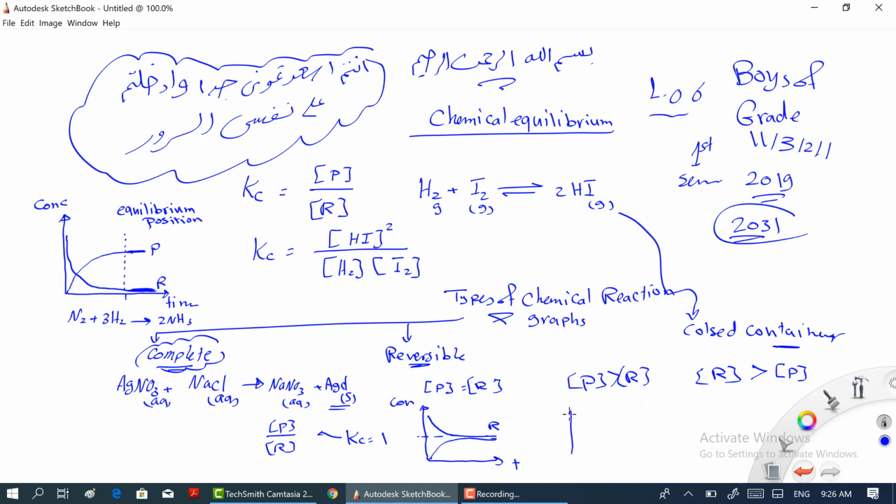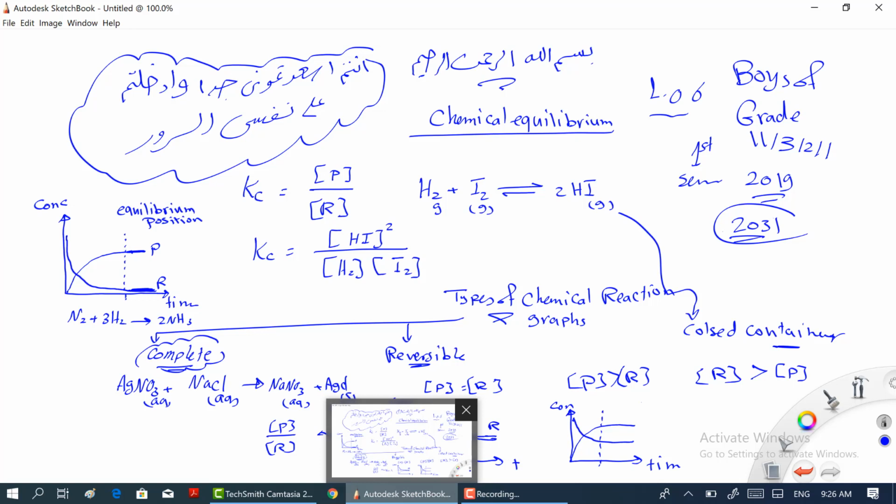Representing the curve between the concentration and the time when the product is greater than the reactant: the product increases, the reactant decreases. In this case, we will find the reactant does not reach zero. It's not a complete reaction. So this point represents the equilibrium position.